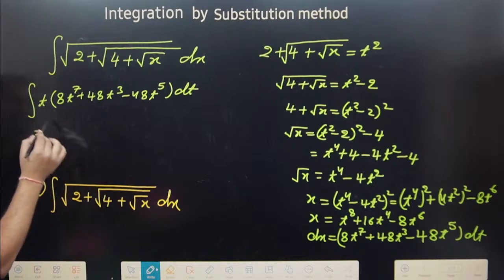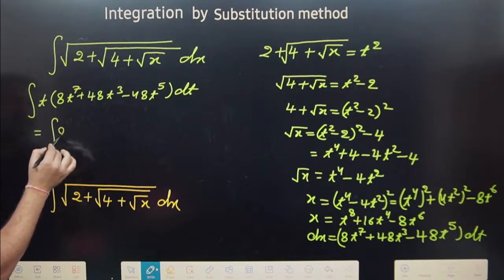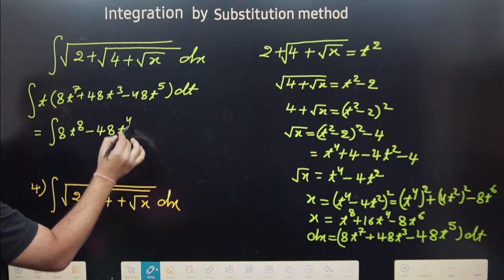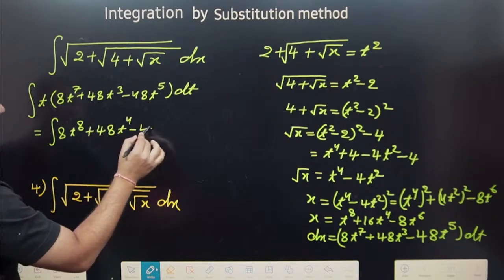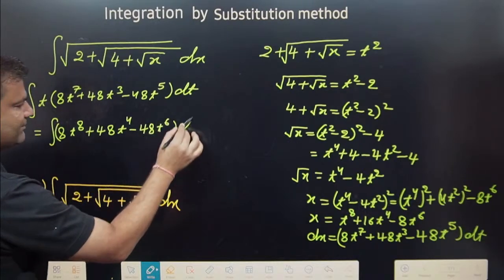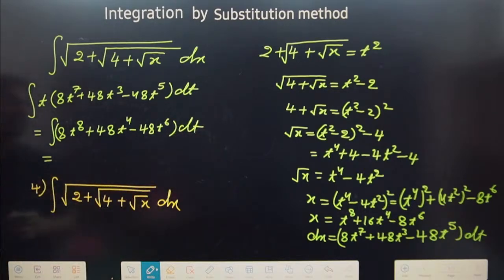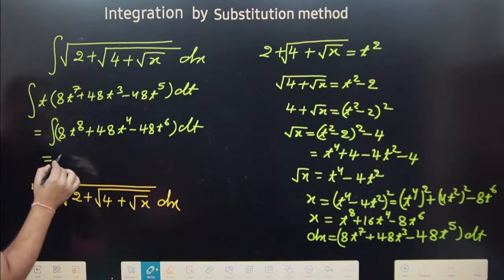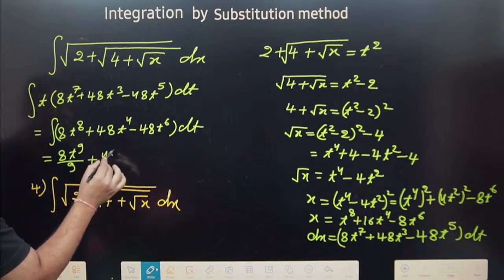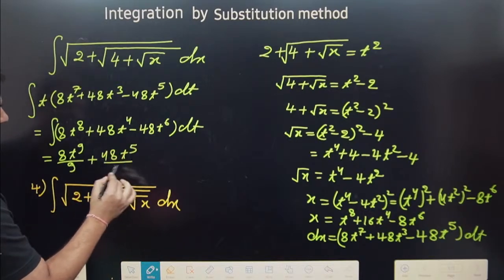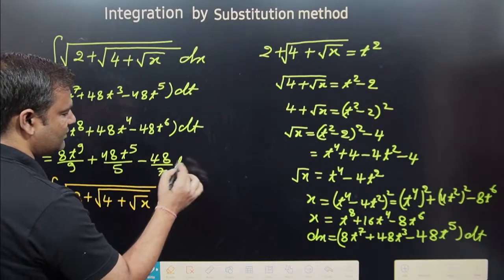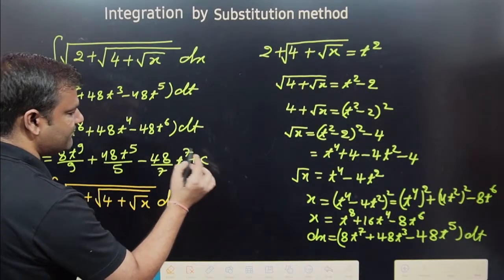After that we get 8 t to power 8 plus 64 t to power 4 minus 48 t to power 6 dt. Integrating, here 8 t to power 9 by 9, here 64 t to power 5 divided by 5, and minus 48 divided by 7 into t to power 7 plus c.